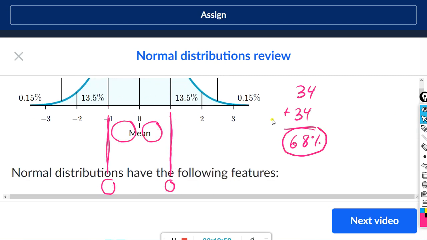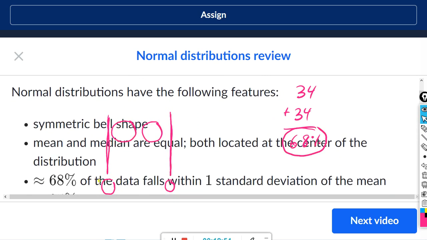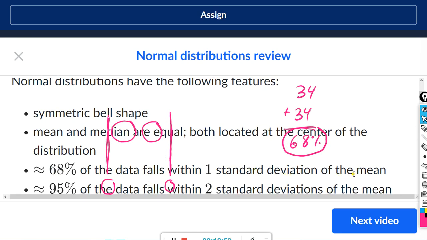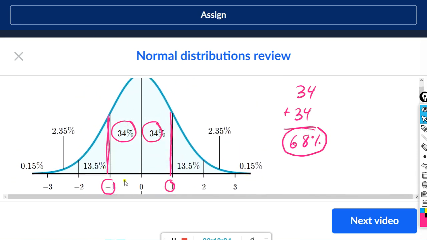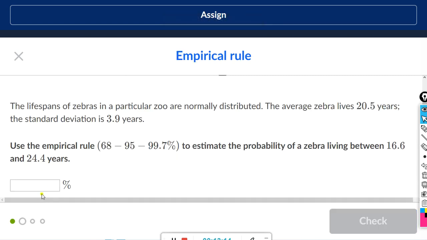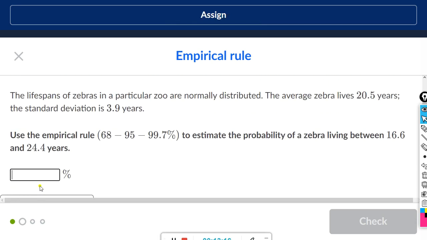Not really, because we said before, 68% of the data falls within one standard deviation of the mean. So we actually knew that already without adding it. All right, but if you want to write it on your paper, like I said, I'll give you a copy of these, and you can use it to add the percentages. So it's 68%. So just type in the box 68%.